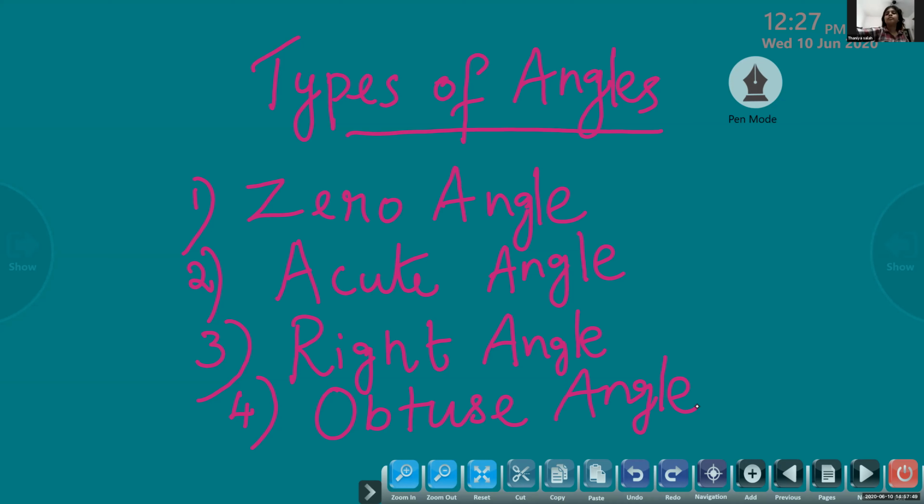All of you, please write these 4 types of angles in your rough book. Is it audible now? Alim, unmute yourself and tell me what are the 4 types of angles we have discussed?